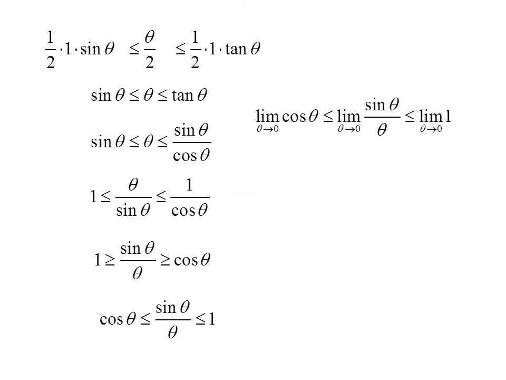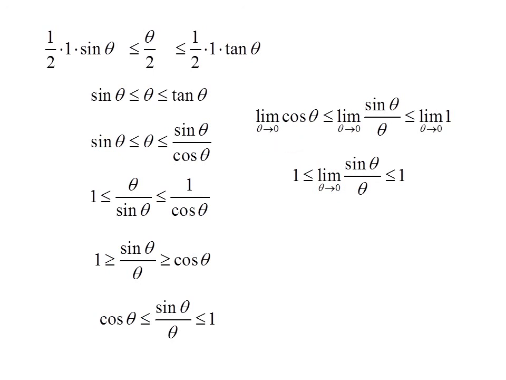Now, if we take the limit in all three places, the limit as theta goes to 0 of cosine theta is less than or equal to the limit as theta goes to 0 of sine theta over theta, which is less than or equal to the limit as theta goes to 0 of 1. The limit as theta goes to 0 of cosine theta is just 1.